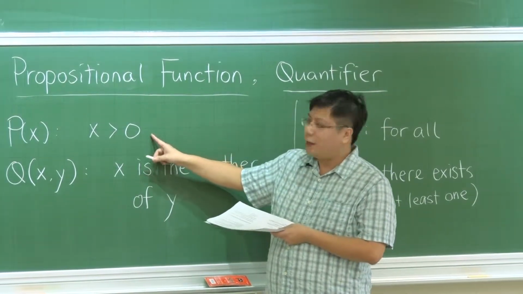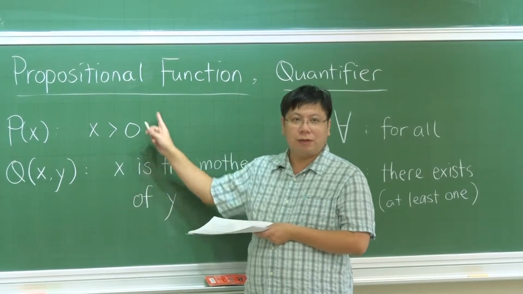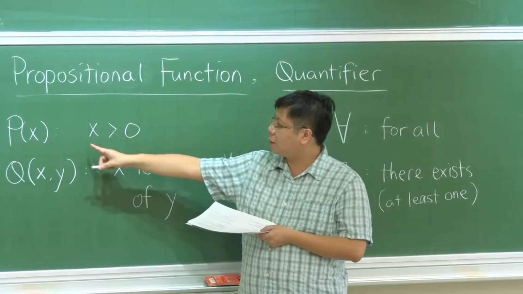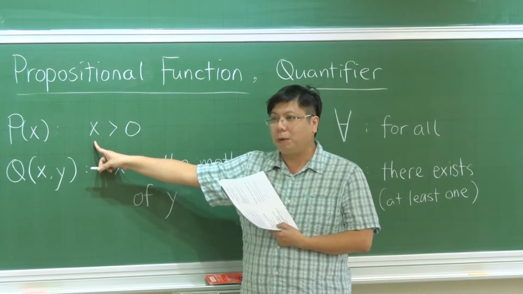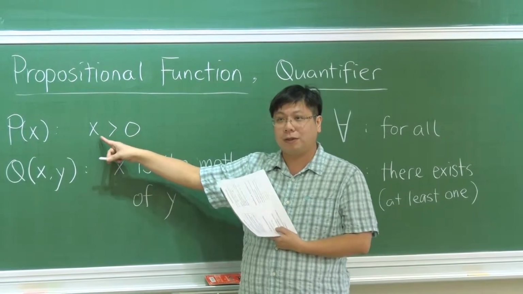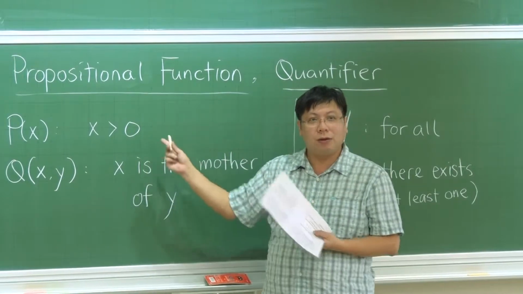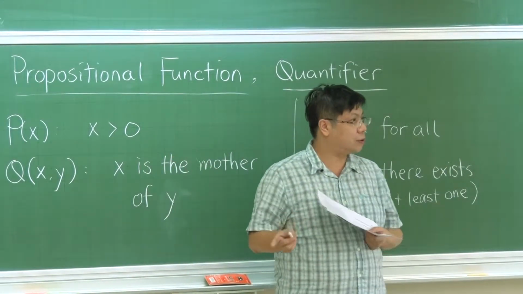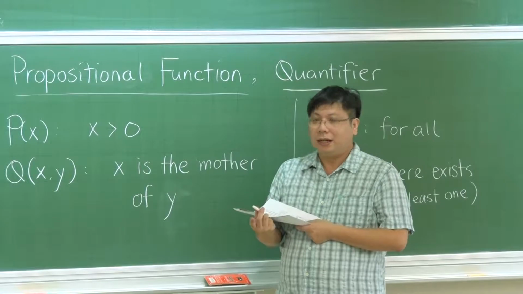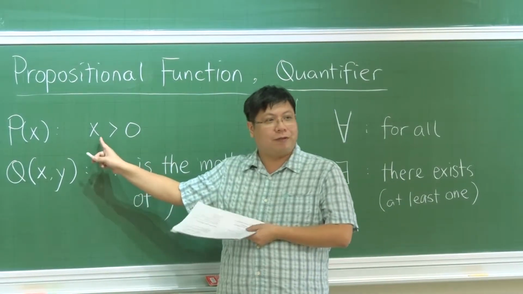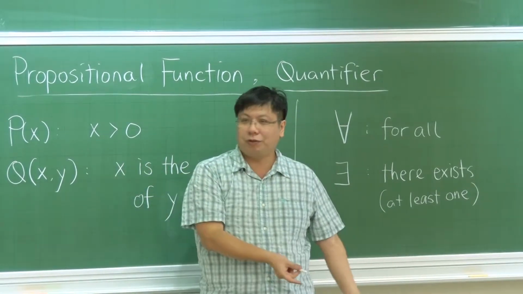If it is standing alone, it is not a proposition because we don't know the value of x. But once the value of x is inserted, when it is fixed, then it becomes a proposition. It will either be true or false, but not both. So it depends on the value of x to get a truth value.